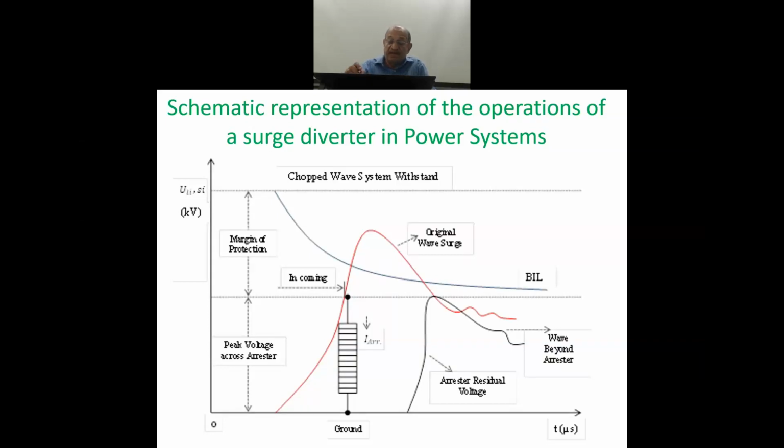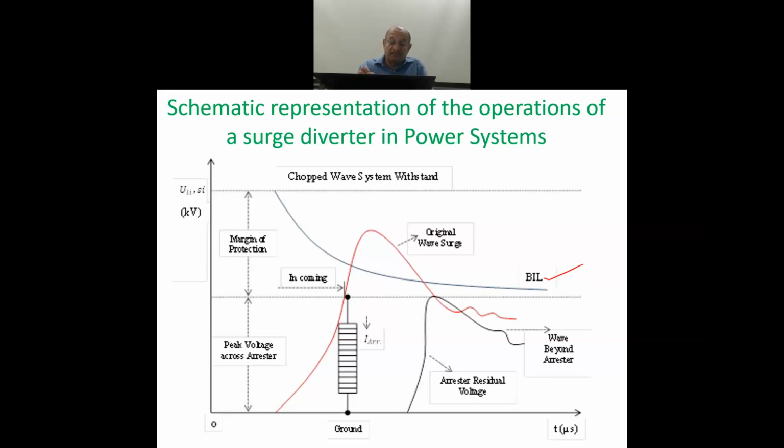So the BIL, what I talked about just now, is this level, the basic insulation level of the network. And then the protection level of the network.